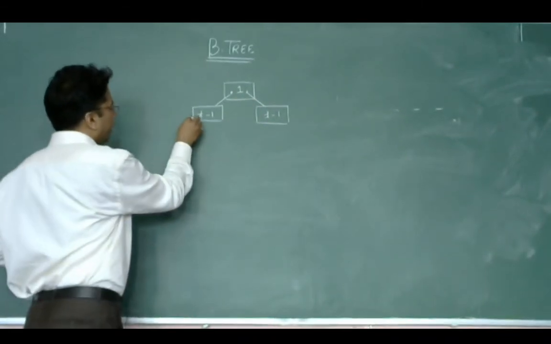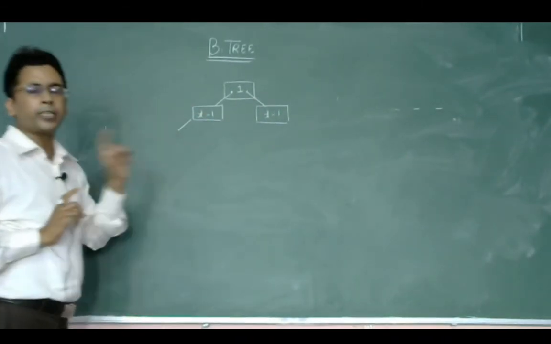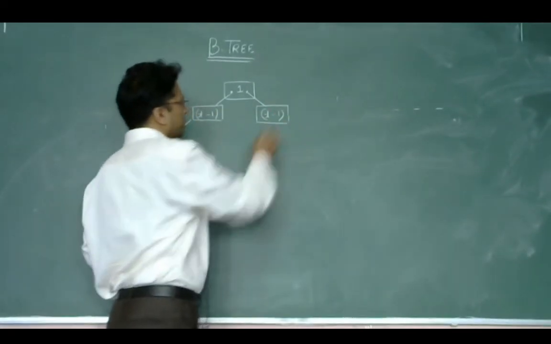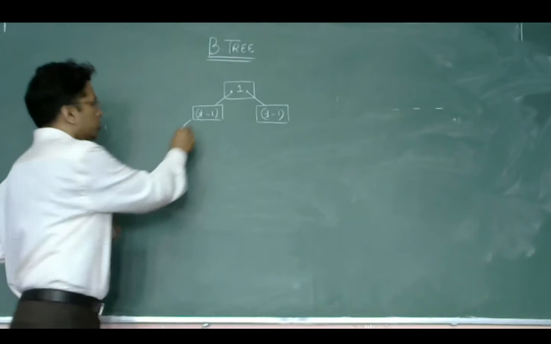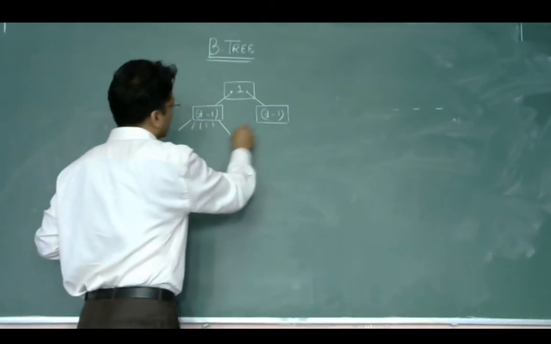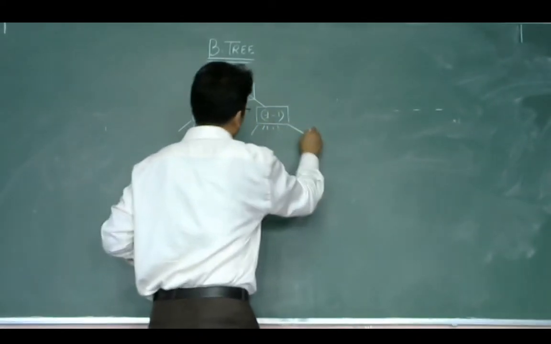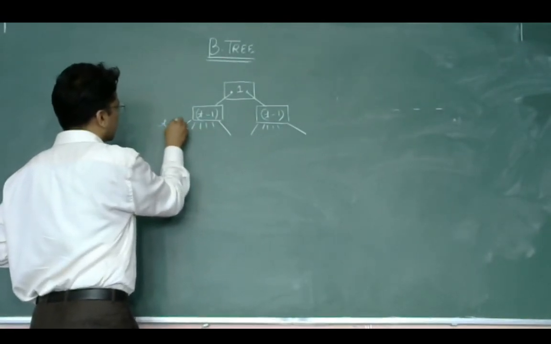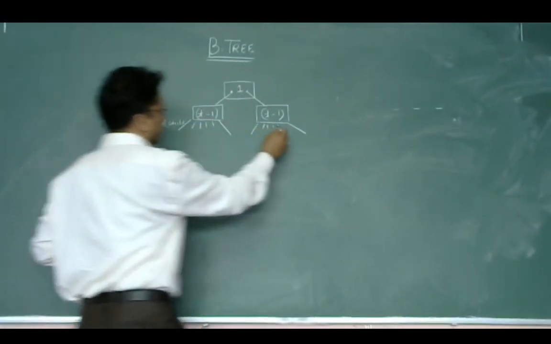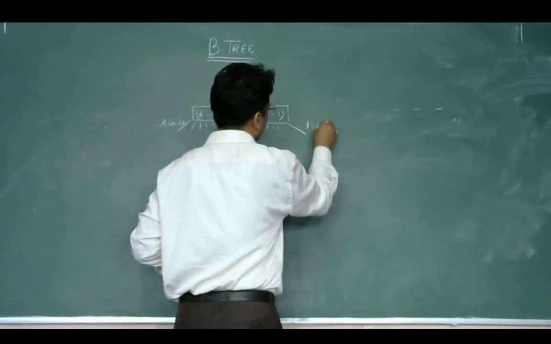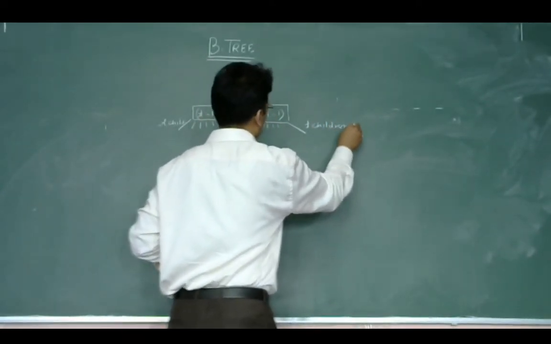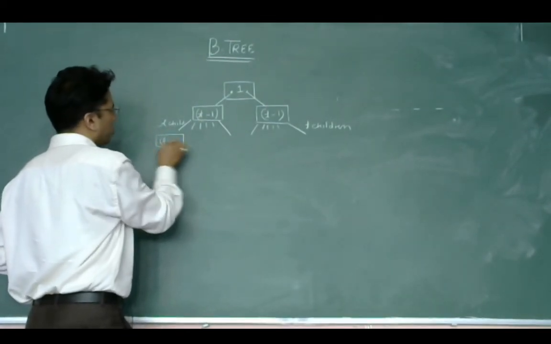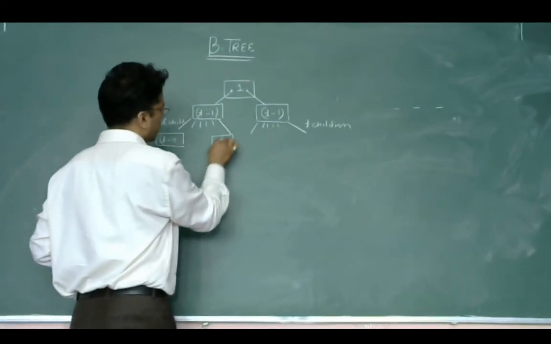Like this, a node with t minus 1 elements will have t pointers, or t children. So here you may say that t children, here also t children.